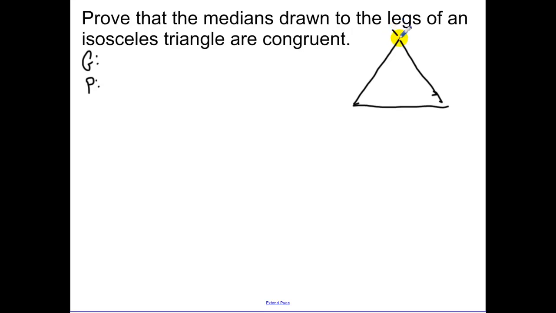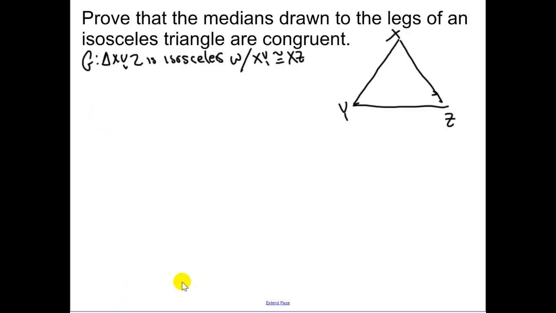So triangle XYZ is isosceles. Now give me my congruent parts, with XY congruent to XZ. You need to list the congruent sides when you give me that piece of your given.